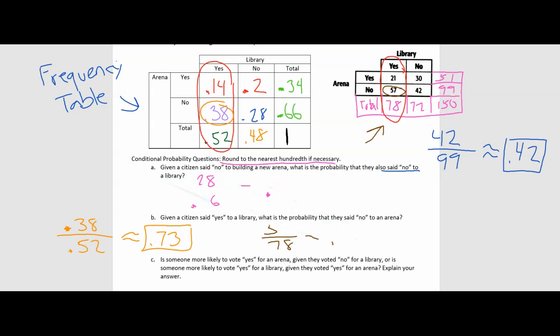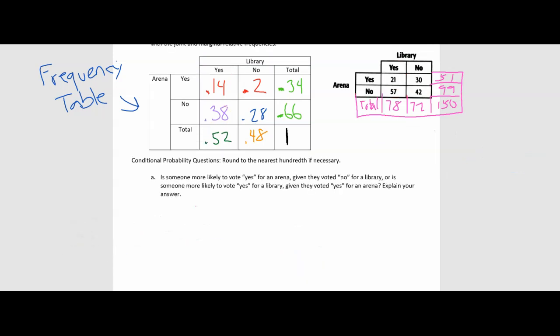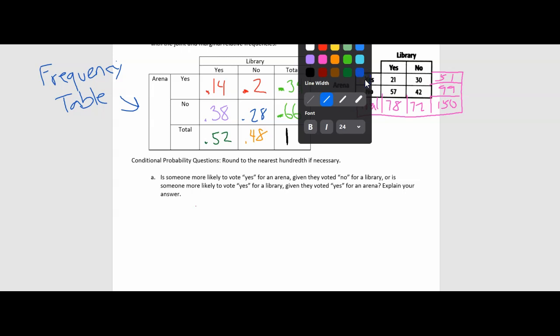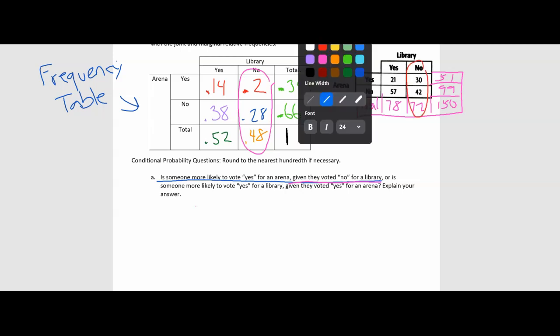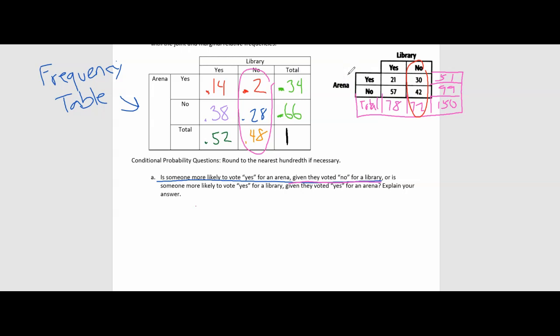Let me erase these answers. I'm actually going to pull this question up for us so we have more space. Okay, so the first part of this is, is someone more likely to vote yes for an arena given they voted no for a library? So our given is that they voted no for the library. So we're looking at that column, and we're looking for, is someone more likely to vote yes for the arena?